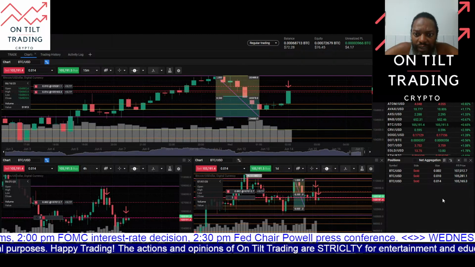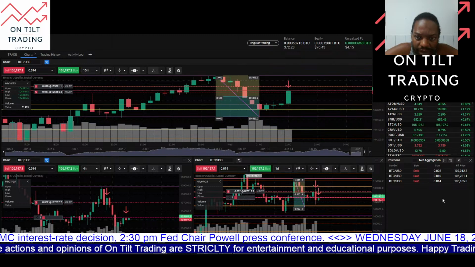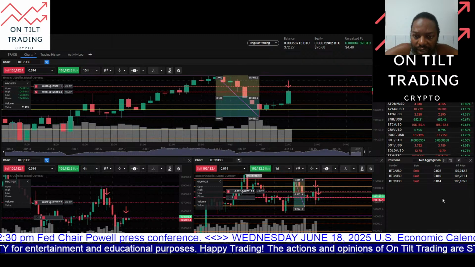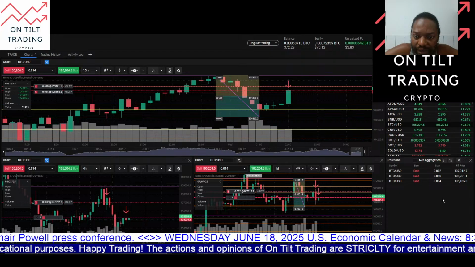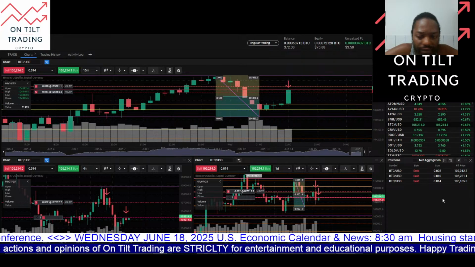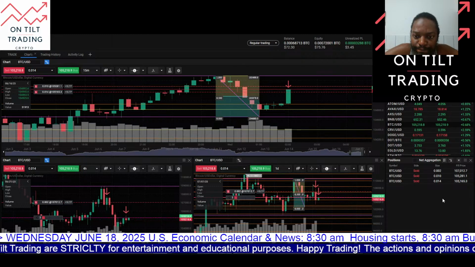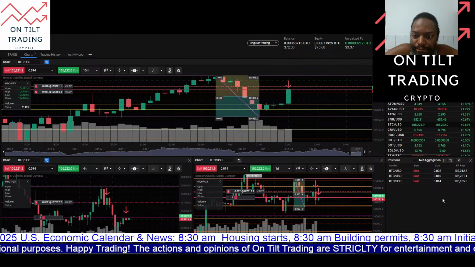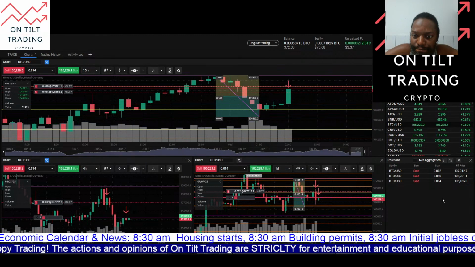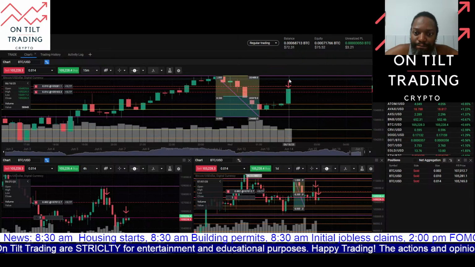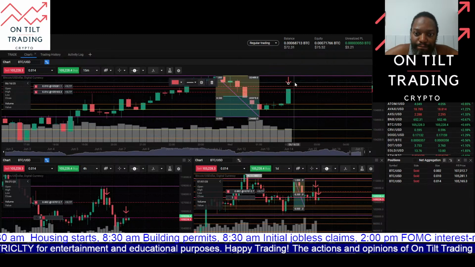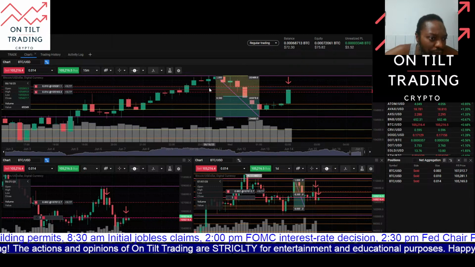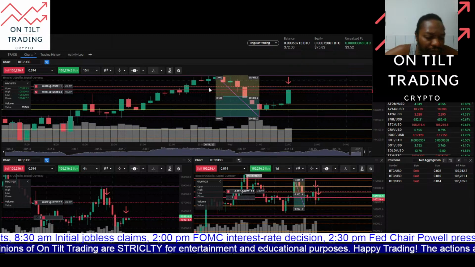So price action setting up much different than it did yesterday. Yesterday gave some pretty tight entries. Today it's giving some pretty wide entry points here. Is this? 105,320.